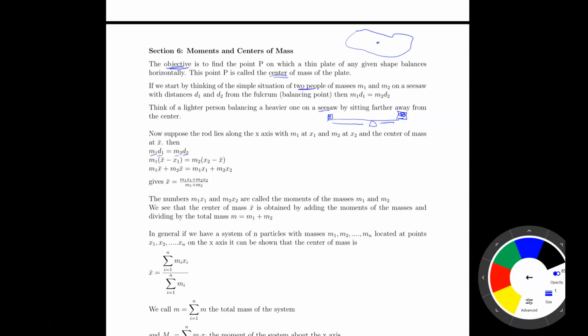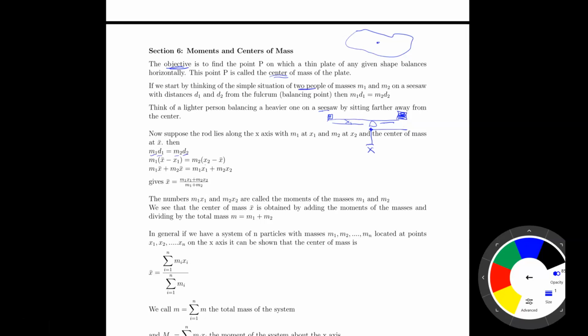All right, so if I call this x bar, then the distance for mass 1 would be x bar minus x1. And if I call this mass 2, and just to keep the distances the same, I'd go all the way out to x2 and subtract off x bar.